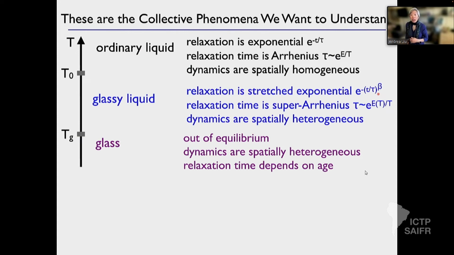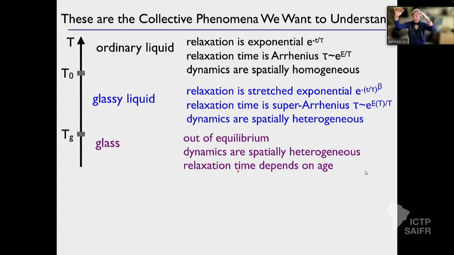Now what happens if you keep going? If you keep lowering the temperature, eventually, as I said, you fall out of equilibrium and you have the glass. And in the glass, the dynamics are spatially heterogeneous. The other thing is the relaxation time depends on how long you wait.